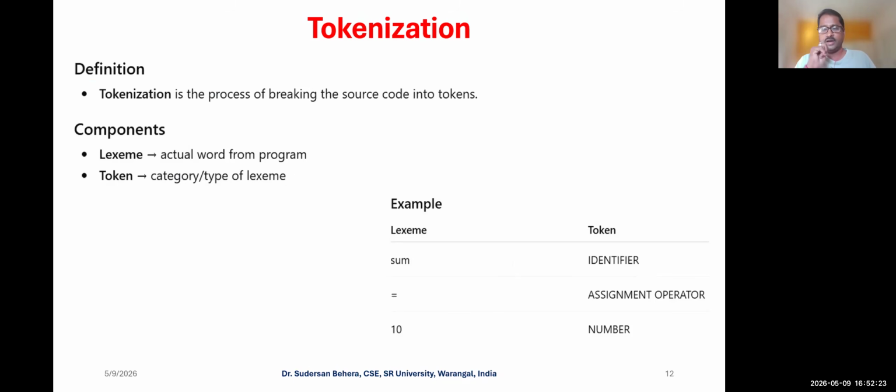So there is a very shortcut way to remember tokens. Just ask yourself, what is a program? A program is nothing but a collection of tokens. Nothing you write goes beyond tokens. Now the question is, what are the different types of tokens available in C language?